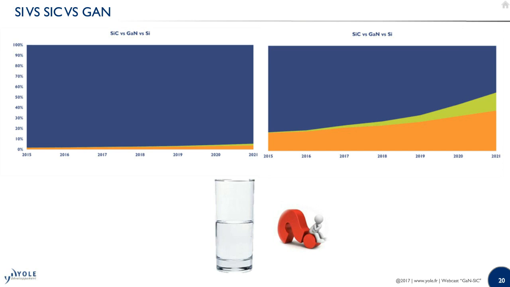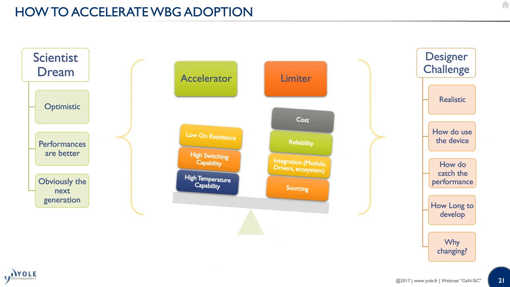So Yole is in a more optimistic position, saying there will be plenty of opportunities for device manufacturers, for passive component manufacturers, for packaging material suppliers. And the question now is how to accelerate the adoption of these wide bandgap materials.